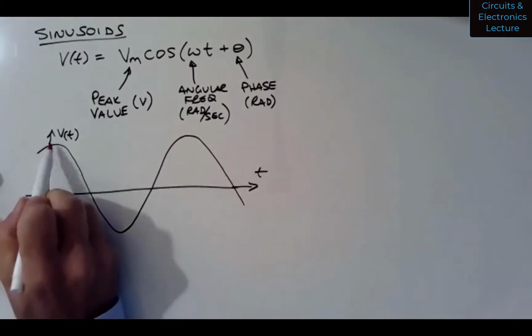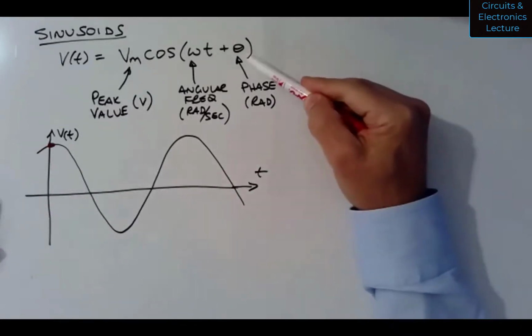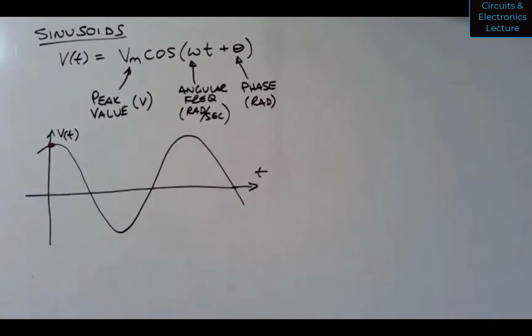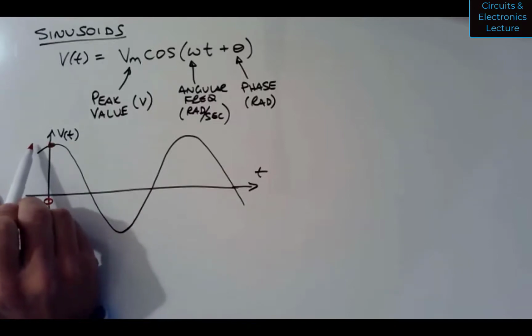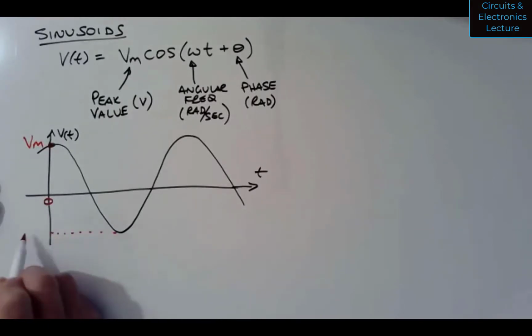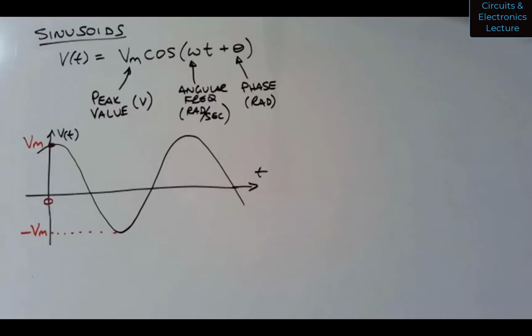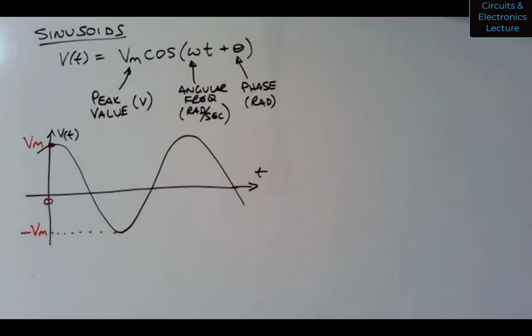The cosine is meant to be a maximum right there. If the cosine has a 0 phase term, then its maximum falls right at time equals 0, and that maximum is the value of v sub m. The minimum occurs down here, which would be minus v sub m. So the peak to peak value, from one peak to another peak, is 2 v sub m.